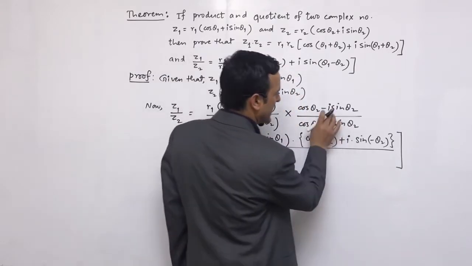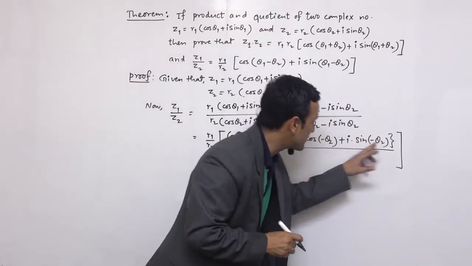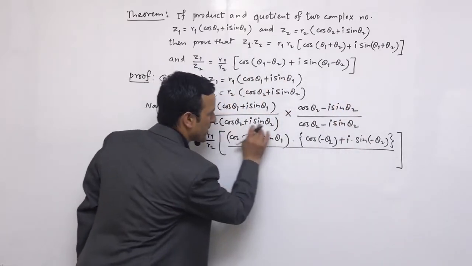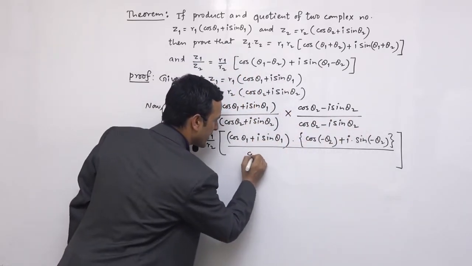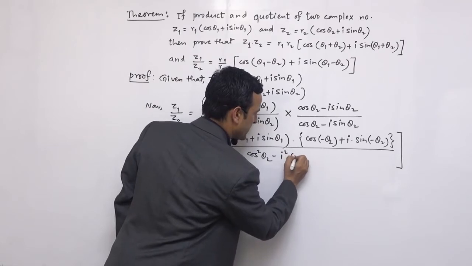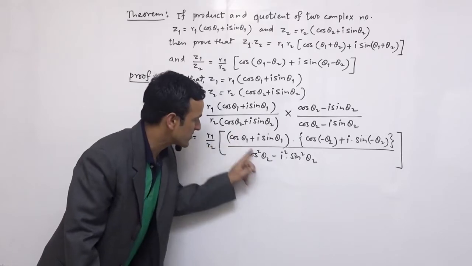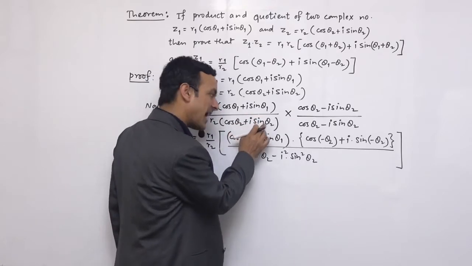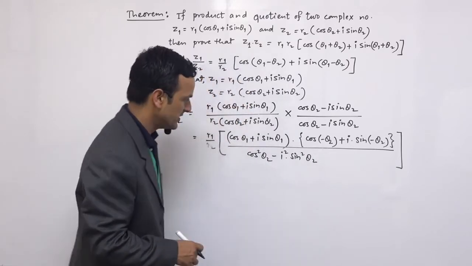Here theta 2, and I sin minus theta 2 means sin minus theta is minus sin theta. So write down minus. And here is A plus B, A minus B, all the angles are the same. So it is cos square theta 2 minus I square sin square theta 2. A square means cos square, minus B square means I square and sin square theta 2 is written here.